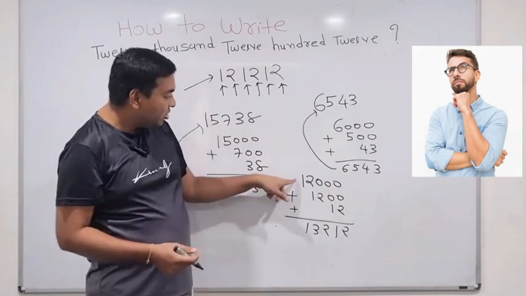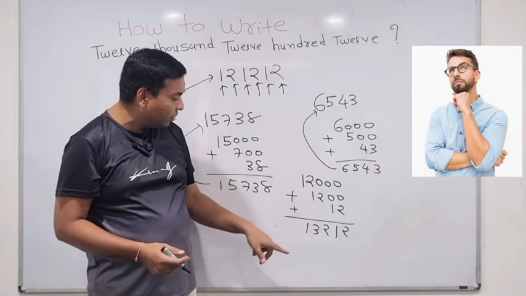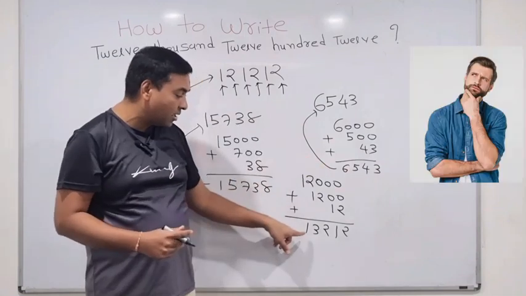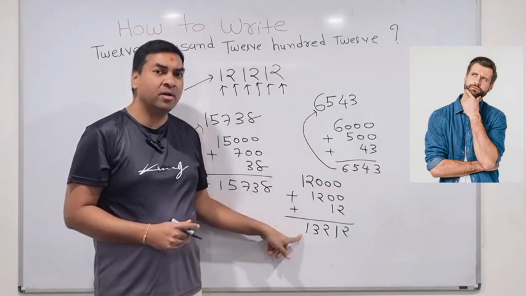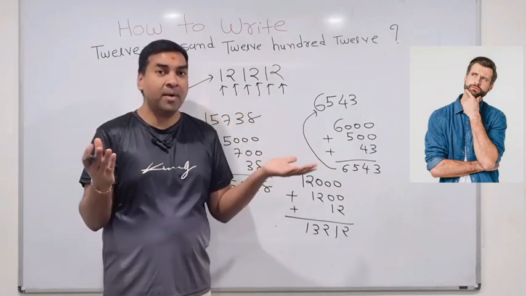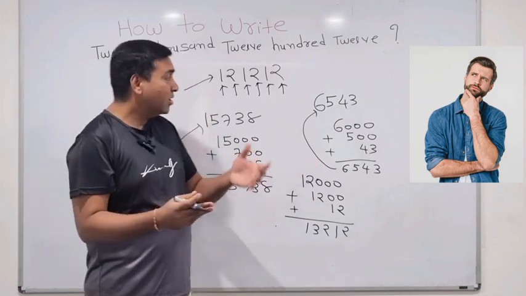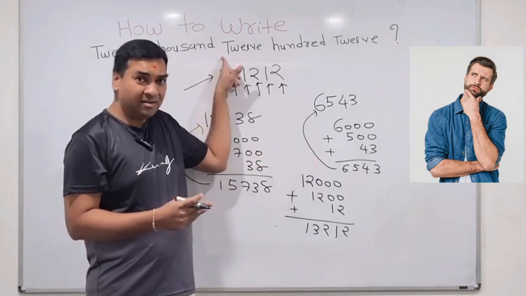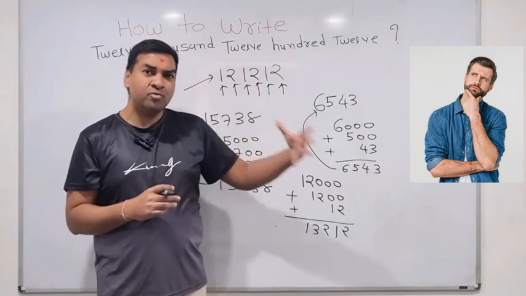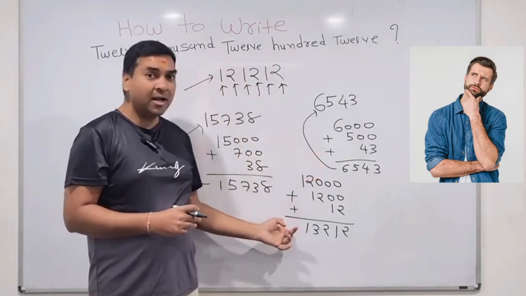So, when I'm adding 12,1212, why am I not getting 12,1212? And instead of that, I'm getting 13,212. What's going on, guys? There are a lot of things going on in my mind. What about you? Is this question right? Is there any way I can write down 12,1212? Why is that behaving like that?